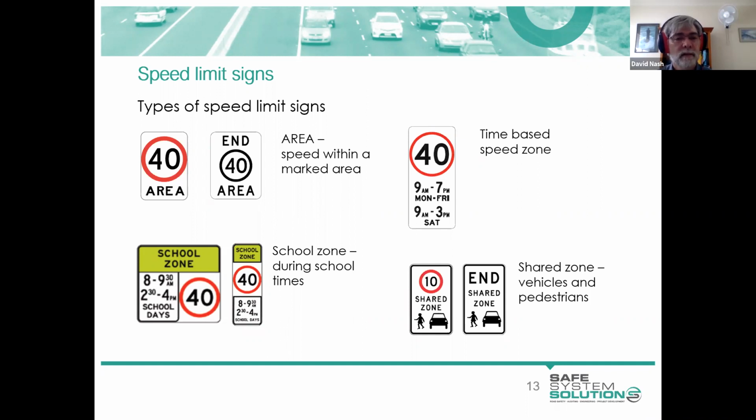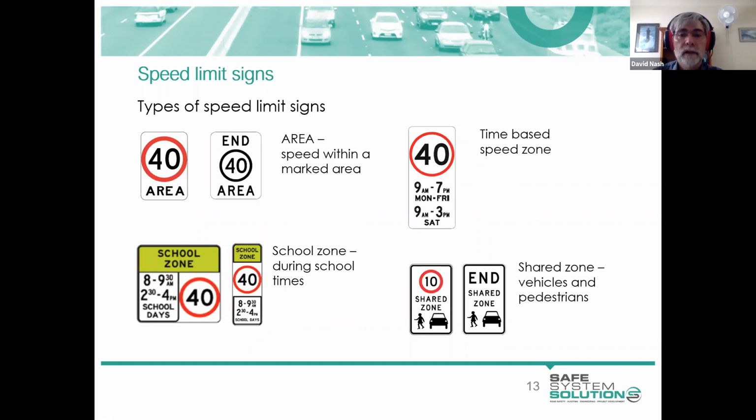The time plates are difficult to read, and the interpretation of school days is also a bit difficult to understand, but that's the best you can do unless you implement an electronic sign. There are other time-based speed limit signs as well, but certainly if the times are unusual, then it's much, much better to use an electronic sign rather than asking the driver to read the time plate underneath the limit.